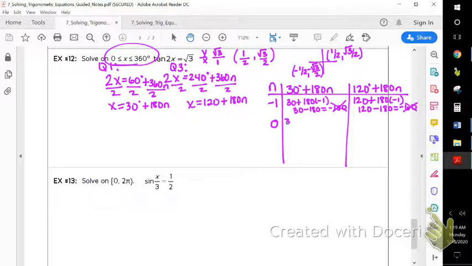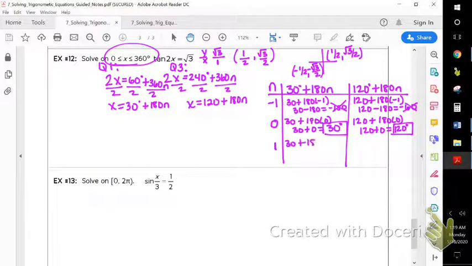So when we plug in 0, we get 30 plus 0, which is 30 degrees. This is a solution. It's between 0 and 360. Plug in 0 to the other side. We get 120 plus 0, which is 120 degrees, which is between 0 and 360. Then try 1.